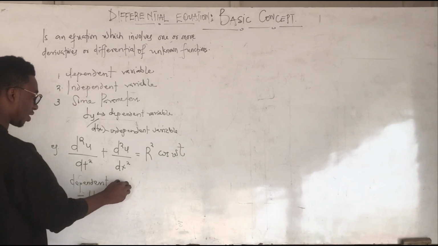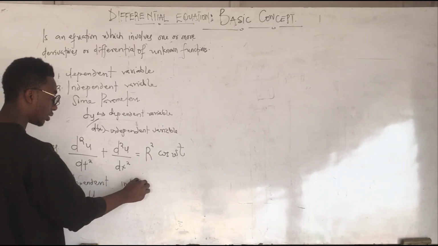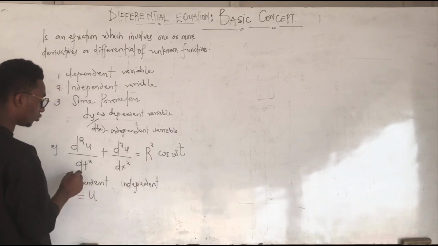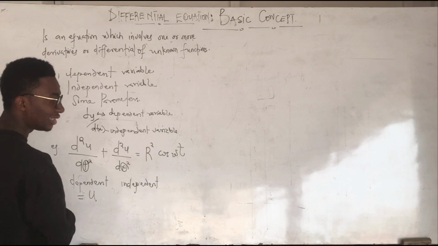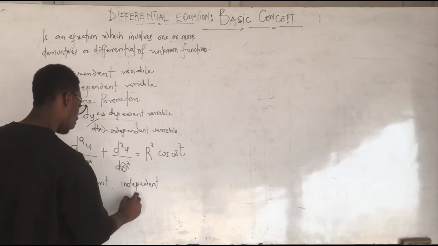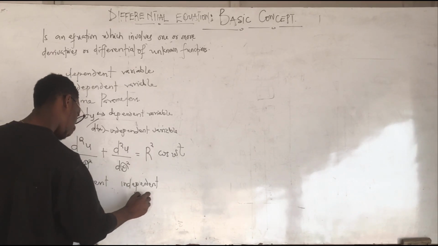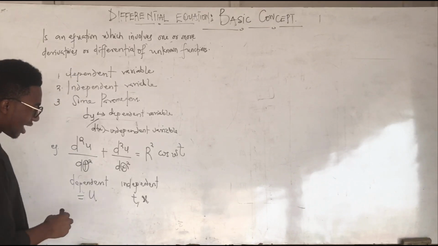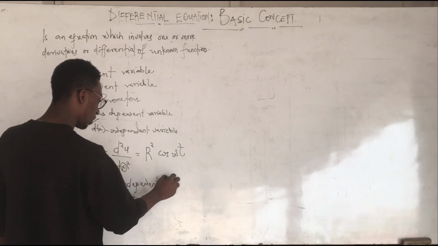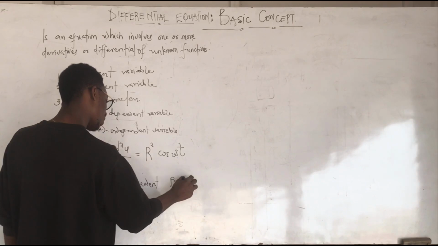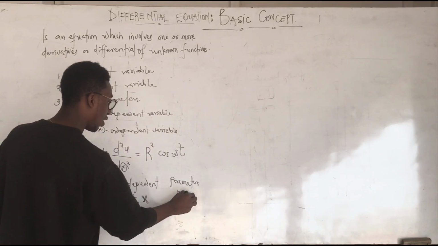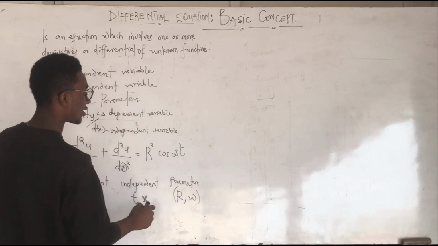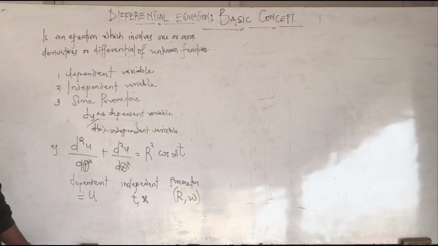The independent variables are t and x, the denominators of the derivatives. And the parameters in the equation are r and omega.